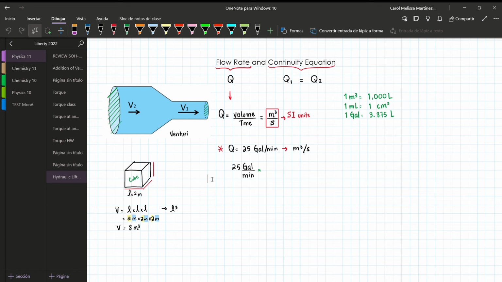In 1 liter, you have 1,000 milliliters, okay? And you already know the conversions for time. So if I ask you to convert 25 gallons per minute into cubic meters per second, we can say that in 1 gallon we have 3.875 liters.